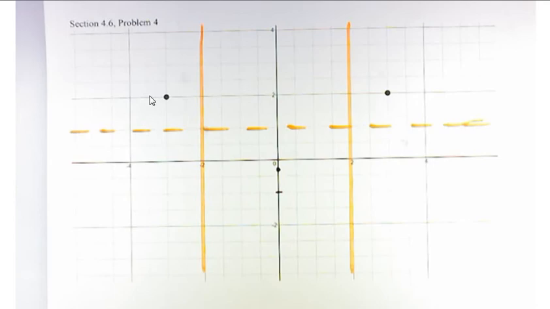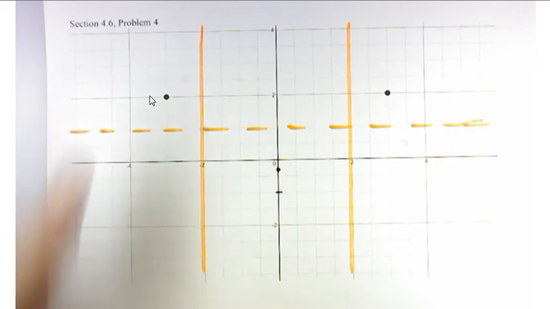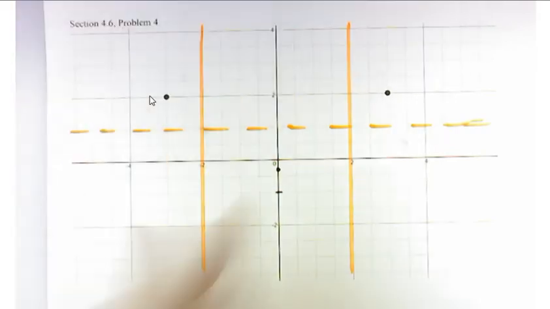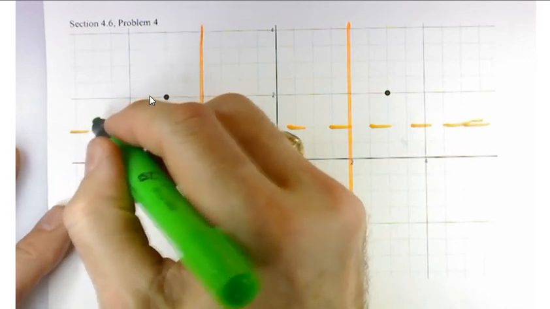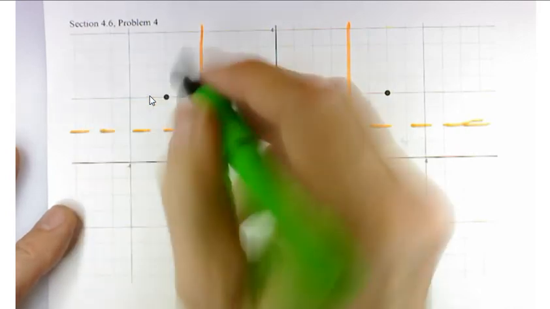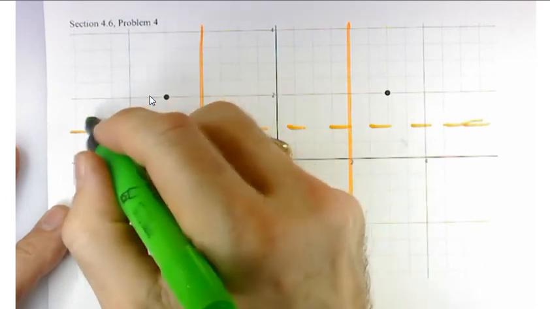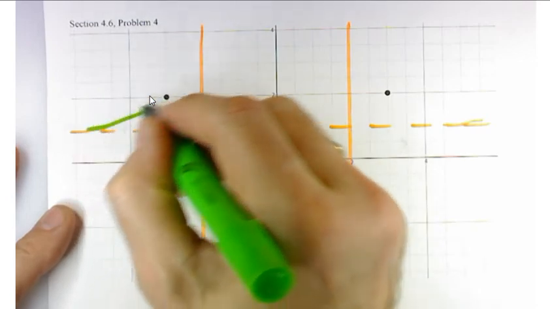The graph is going to be symmetric with respect to the y-axis. To the left of the y-axis, the function's increasing. To the right of it, it's decreasing. You can look at the graph on your graphing calculator and try and draw things based on that. You should be reflecting some of the shapes that I have here. Now, I put these points on the graph just to help you draw something more accurate.